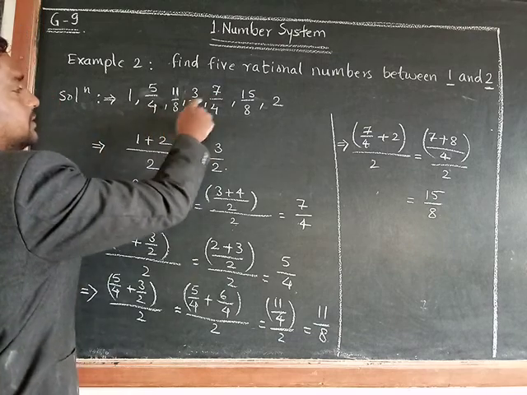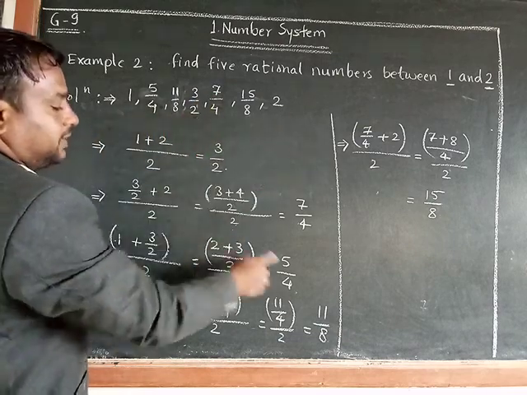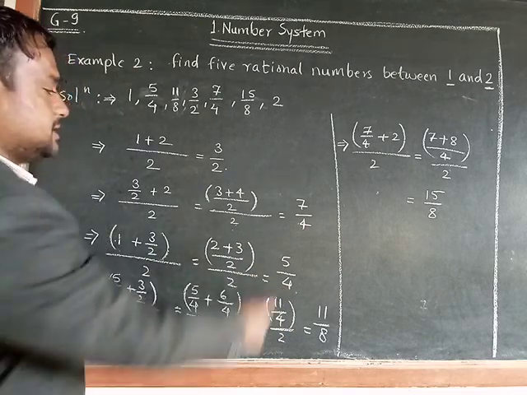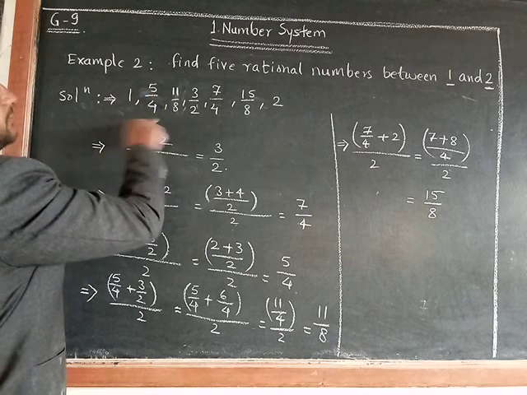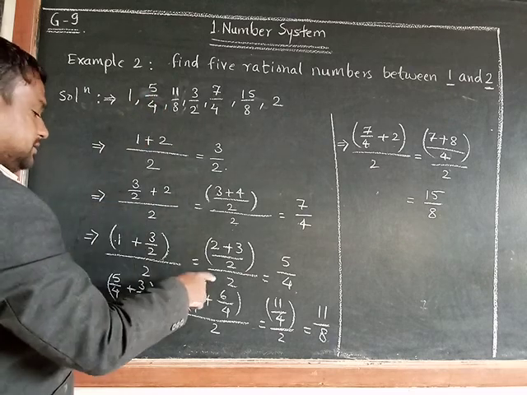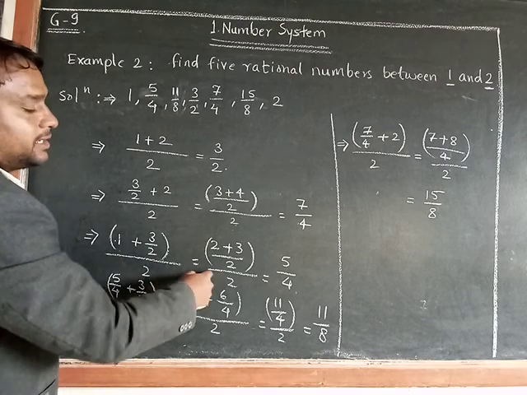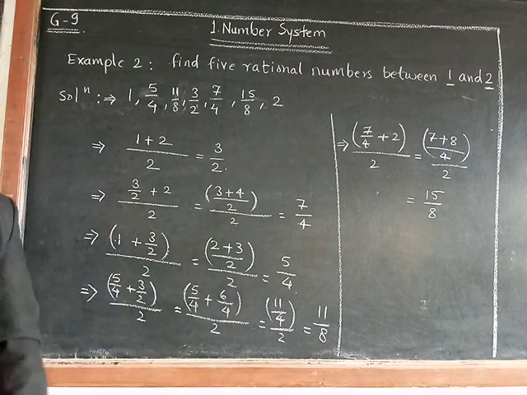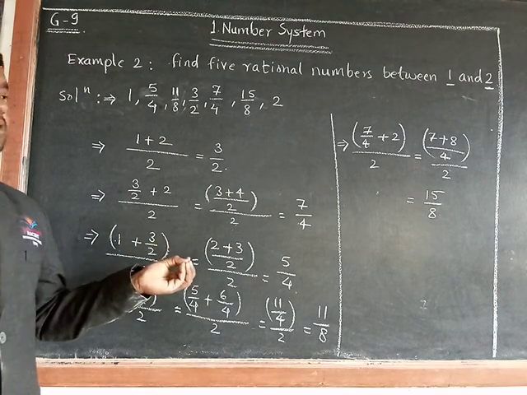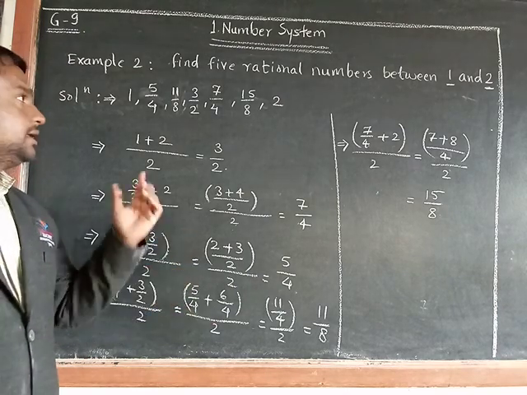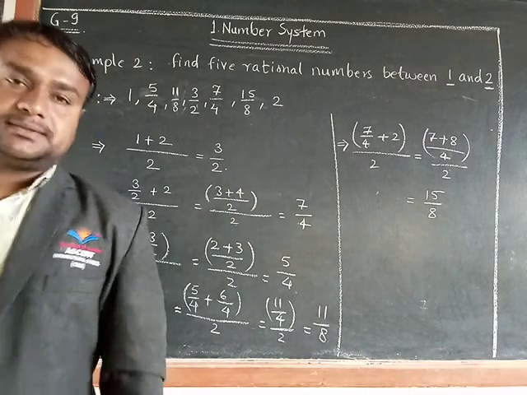Then we add 3 upon 2 and 2 and find the number 7 upon 4. Then again we add 1 and 3 upon 2 and we find the number 5 upon 4. So it's the first method. It's a little bit more difficult than the other method. Now let's talk about the other method.